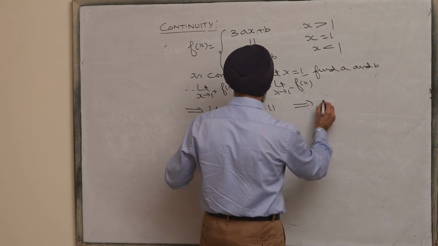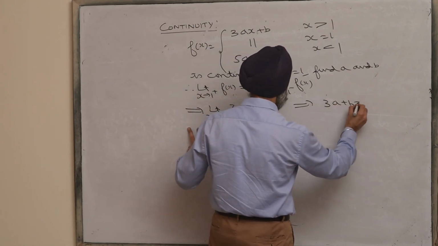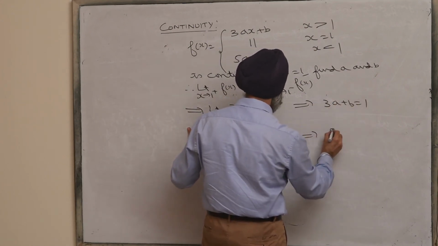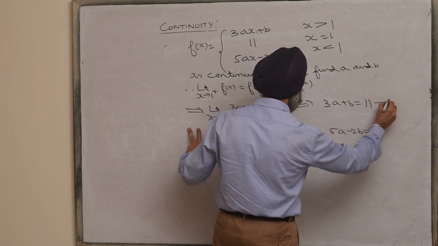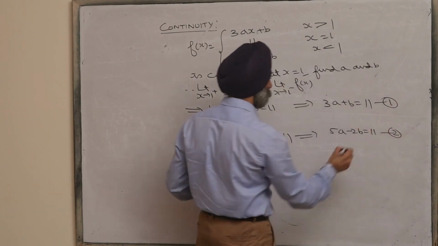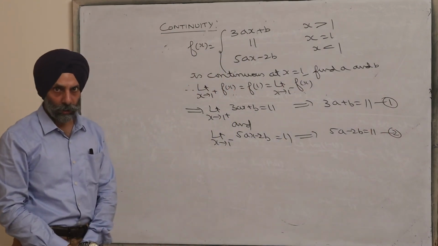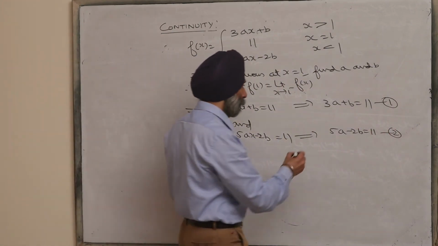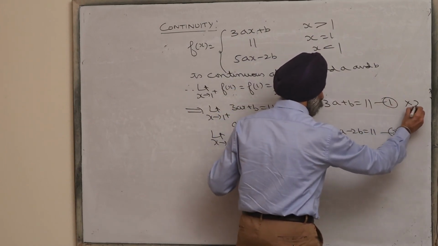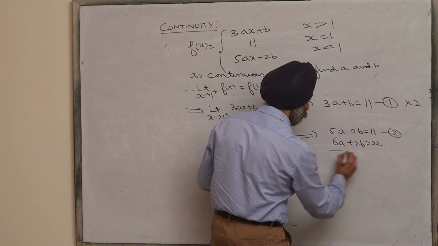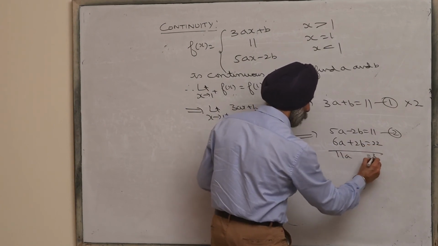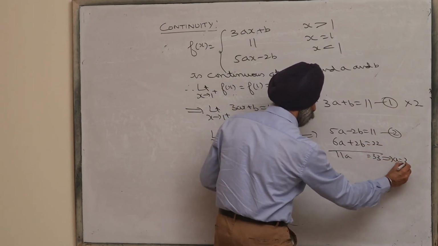So this implies that 3a plus b is equal to 11, and 5a minus 2b is equal to 11. Solving these two equations simultaneously for a and b, we will get the answer. If you multiply the first with 2, 6a plus 2b is equal to 22, so 11a is equal to 33, which implies a equals 3.